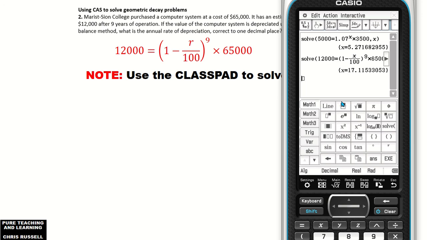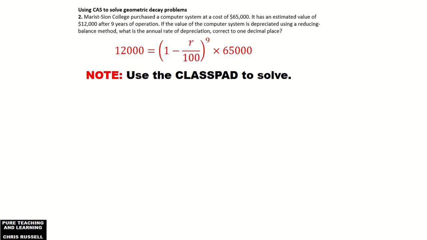And we get 17.115, so let's round that to 1 decimal place. We should get 17.1% per annum. Let's have a look at what we are meant to get. And there we go. So our interest rate there is 17.1% per annum.